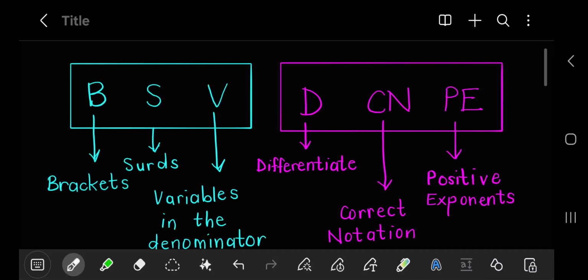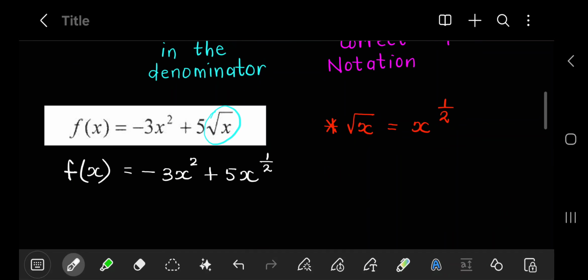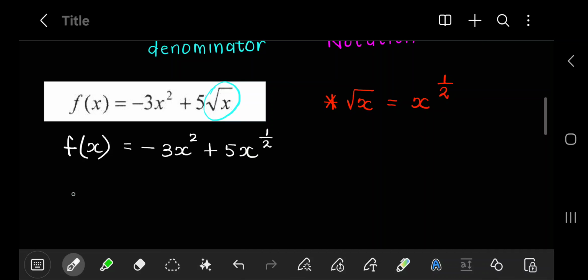The next step is for you to differentiate. And when you differentiate, firstly, your left-hand side now becomes f prime x. On the right-hand side, remember the rule that we use. The exponent multiplies with the coefficient. So 2 times negative 3 gives you negative 6.